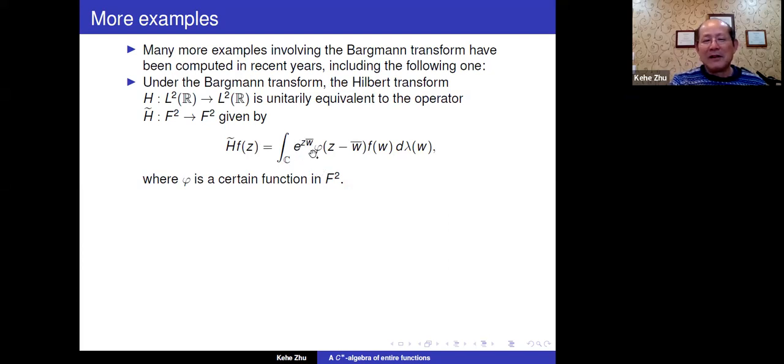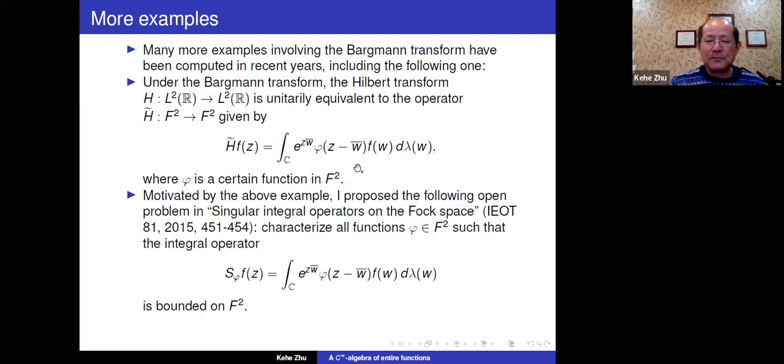You have a z and then you have a w bar, and inside you have z minus w bar. The minus sign is not critical. You are going to see a little later that I'm going to change this into a plus, and you get something similar to the Hilbert transform. But again, the whole point is that the Hilbert transform is unitarily equivalent to this integral operator on the Fock space, and the kernel you can actually write down.